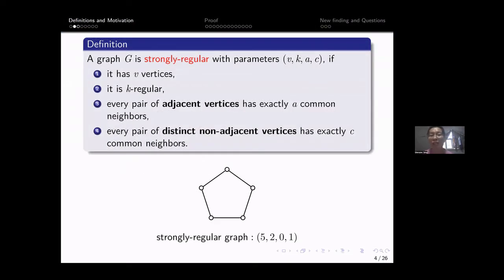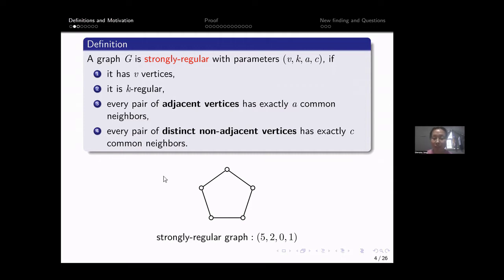Now I start to remind you of strongly regular graphs. Strongly regular graph is a very common notion in our area. A graph G is strongly regular with parameters (v, k, a, c) if this graph has v vertices, it is k-regular, every pair of adjacent vertices has exactly a common neighbors, and every pair of distinct non-adjacent vertices has exactly c common neighbors.